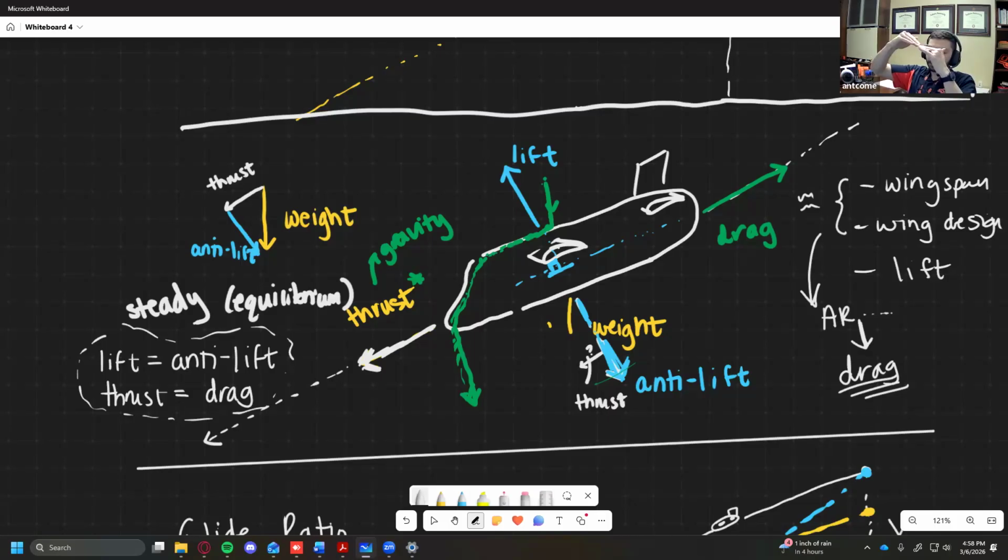The more you pitch down, the sharper your flight path angle. The sharper your flight path angle, the less your glide ratio. These are all directly connected. So your goal is to glide with the least amount of angle necessary. The only way to achieve that is to make drag less so that thrust is less, which means you don't have to tilt so much gravity forward.